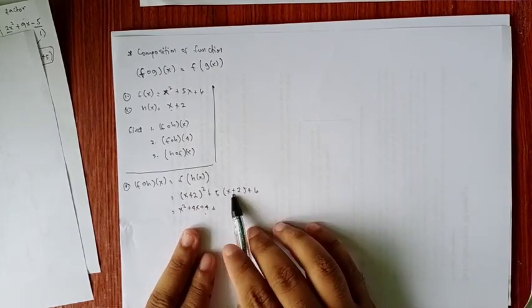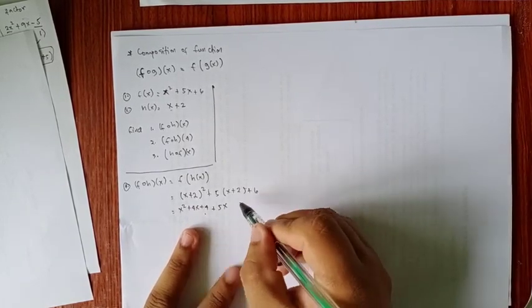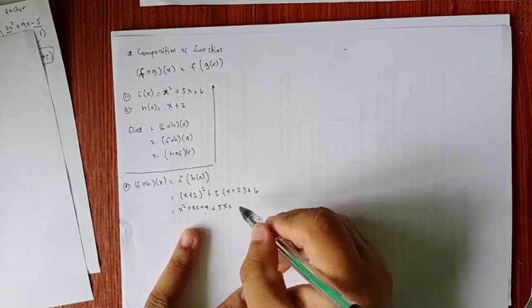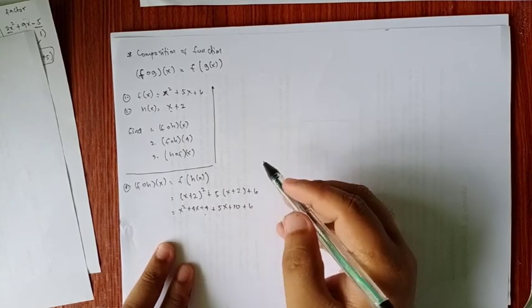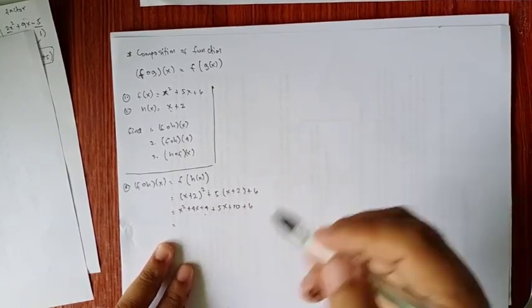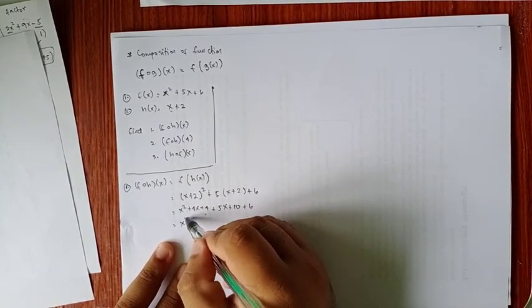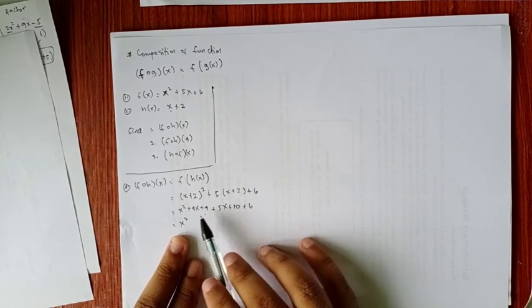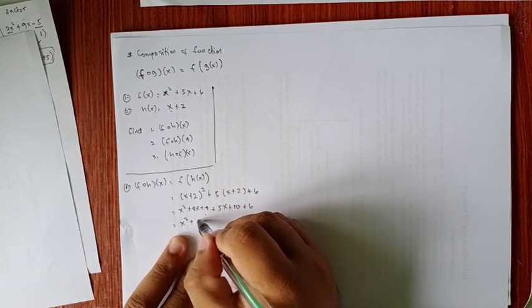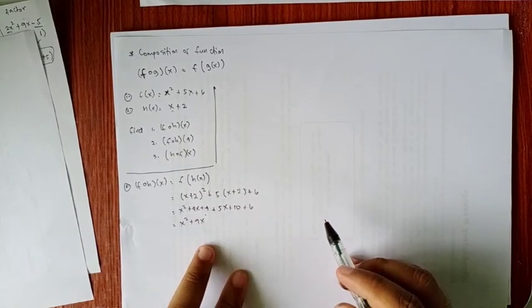Plus, to 5 times x. Very good. 5x plus 5 times 2, that is 10. Plus, copy the 6. Okay, combine similar term. Nag-iisa lang naman siya, x squared, copy. Then, meron tayo 4x, then 5x. 4 and 5, that is positive 9x. Nakuha.